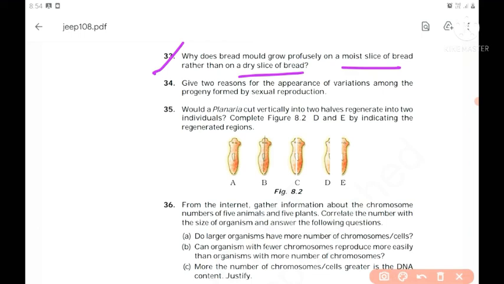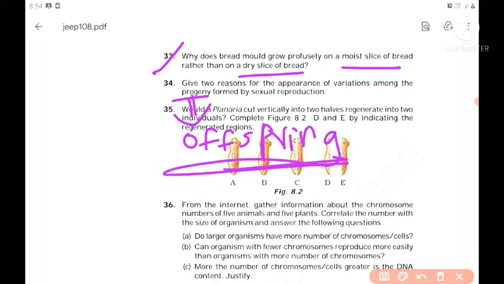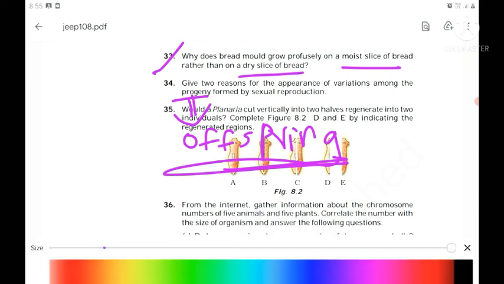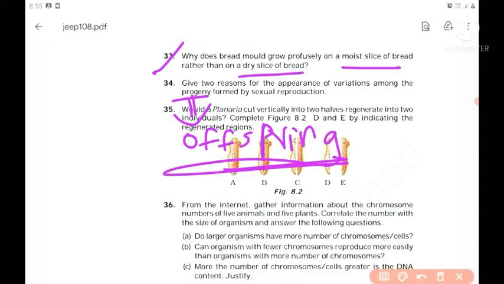34. Give two reasons for the appearance of variations among the progeny formed by asexual reproduction. Progeny is nothing but the offspring. So they're asking us to give two reasons why there is variation between the offspring and the parent in sexual reproduction.